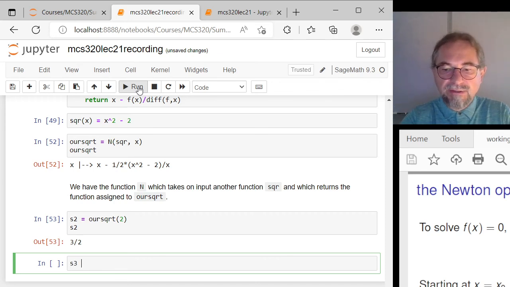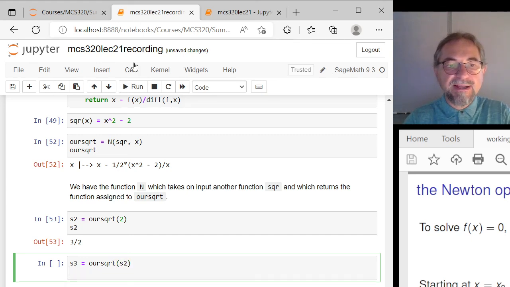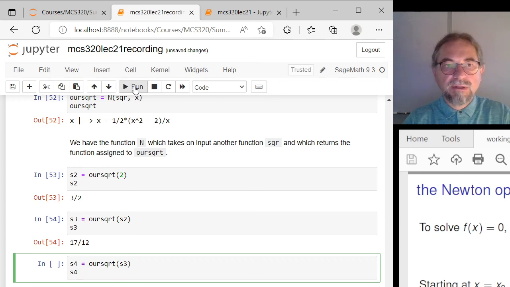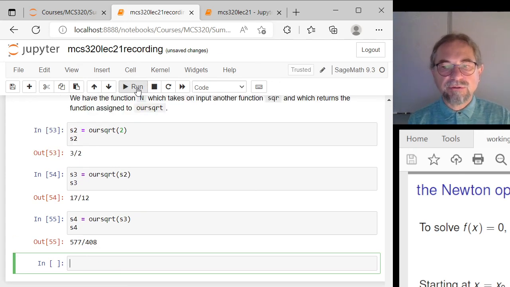I make S3 our square root starting from S2. So this is the next approximation, 17/12, and let me do one more step, and that gives me another rational number.